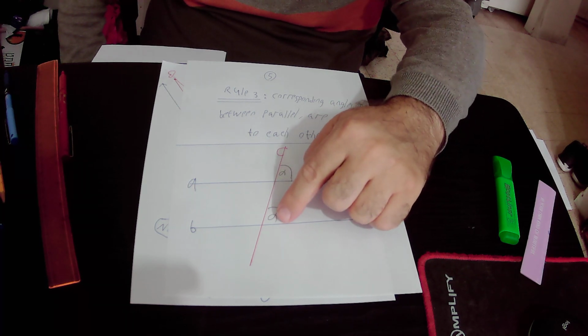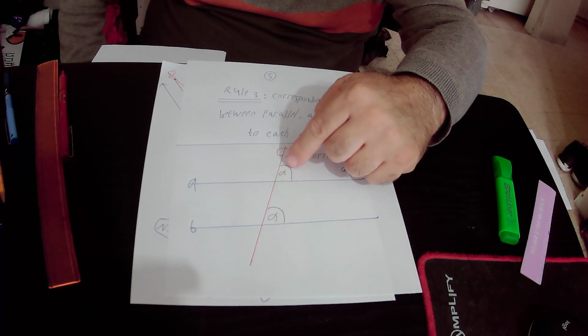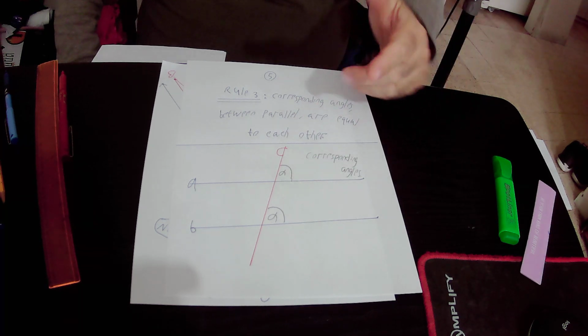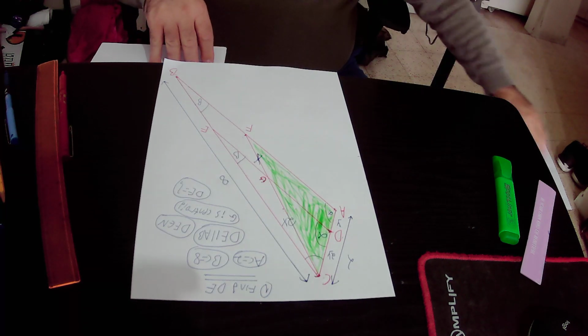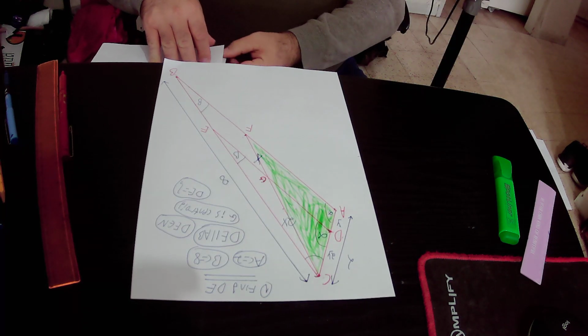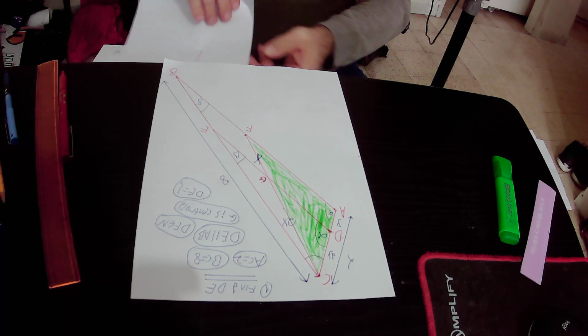So if this angle is alpha, then this angle will also be alpha. That is one type of corresponding angles, and we also have the other type of two corresponding angles.